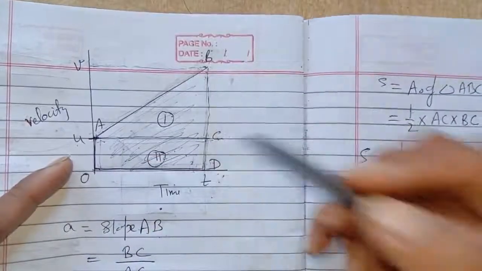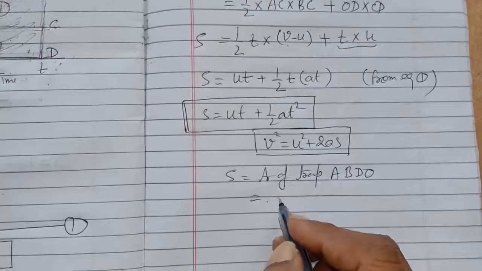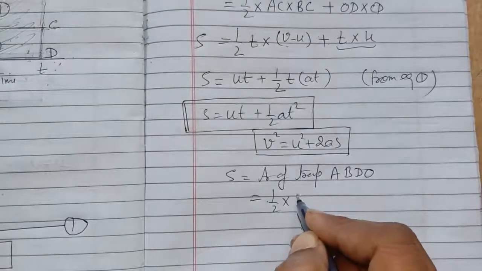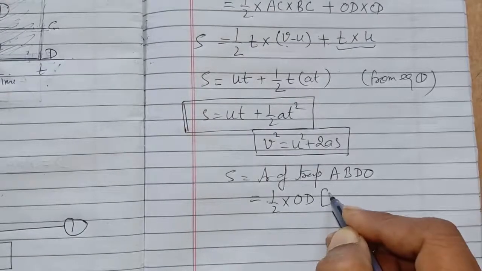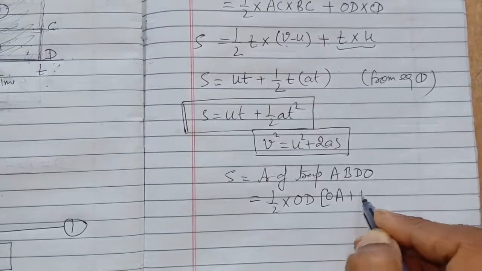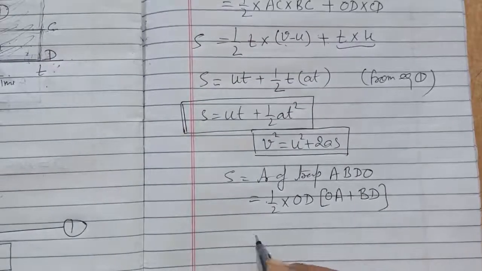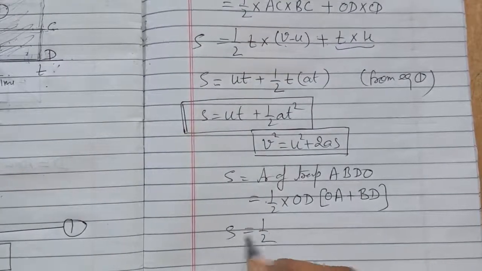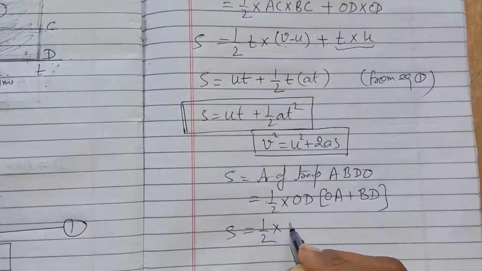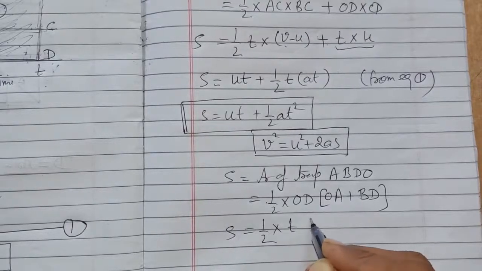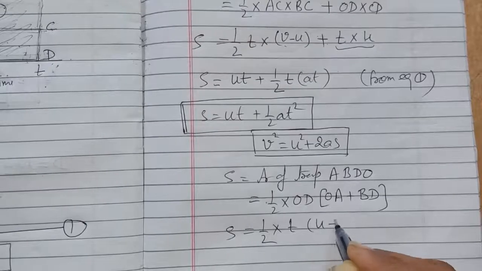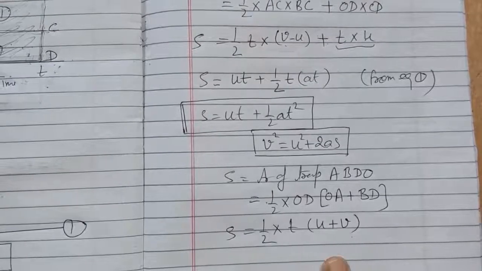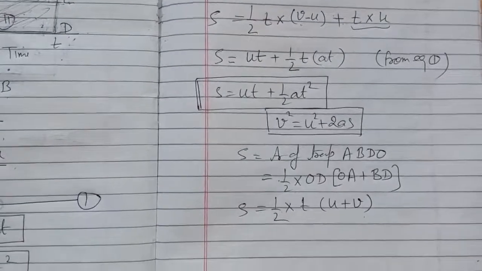BD is V. So I'm writing the area of trapezium is equal to 1/2 into OD, sum of the parallel sides, that is OA plus BD. And I'm putting the value S is equal to OD. OD is how much? It is T. And OA plus BD is how much? It is U plus V. Okay. So I just put the value from the graph.